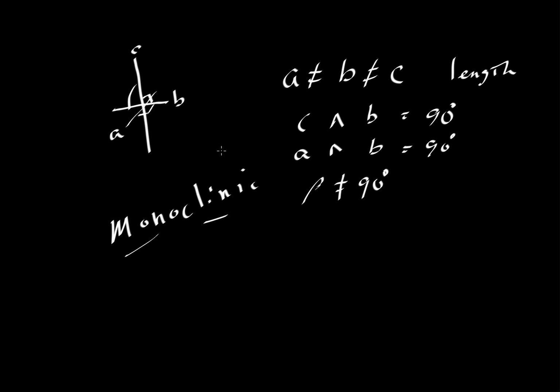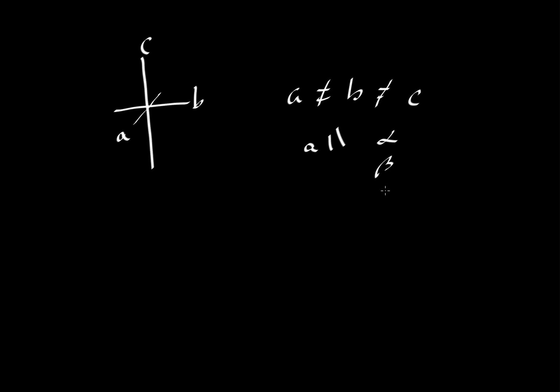What if we were to straighten it out a bit? So we'll still take the case that A, B, and C are unequal. So again, A does not equal B, does not equal C. But let's say all angles of alpha, beta, and gamma are perpendicular. So these are all right angles to one another.